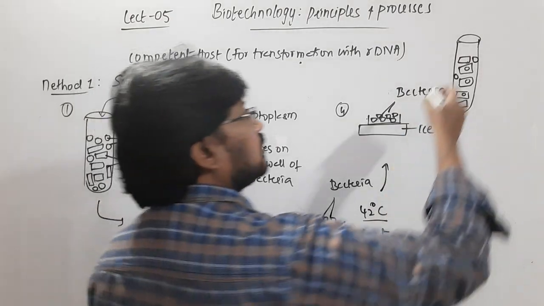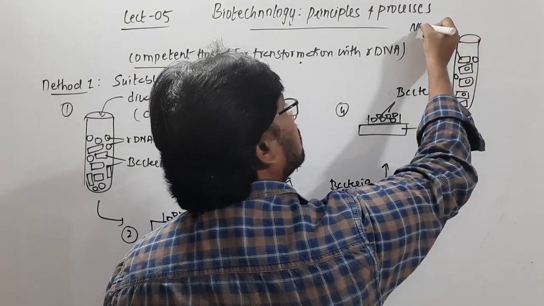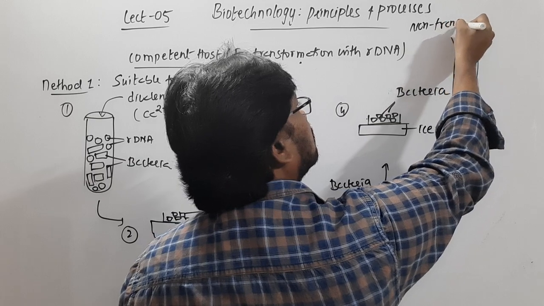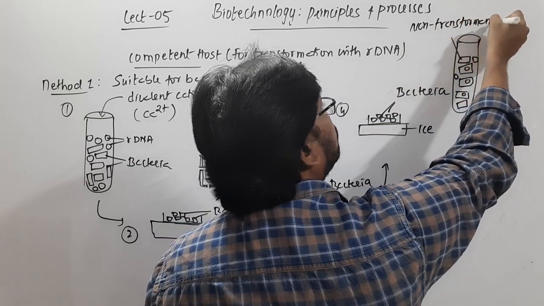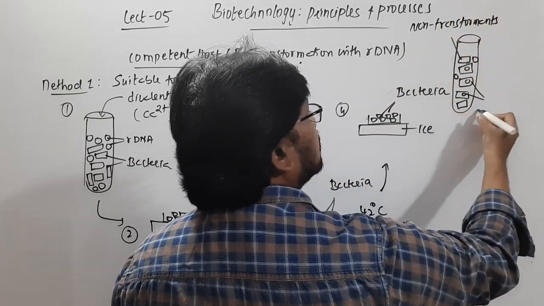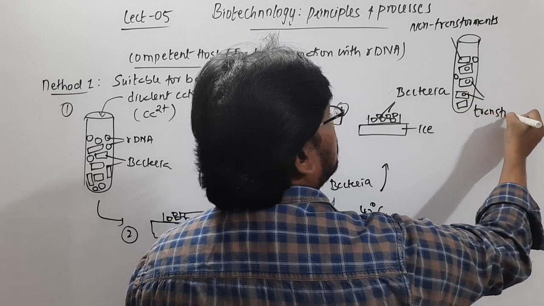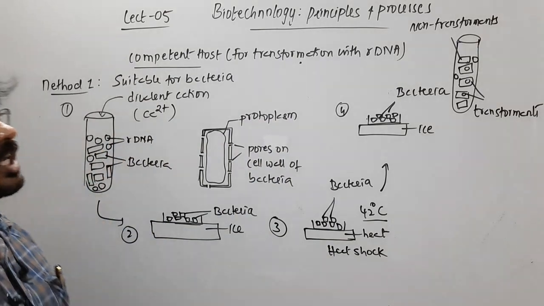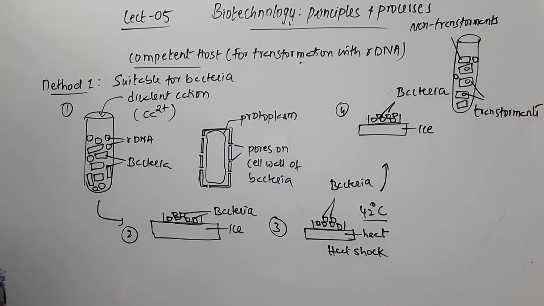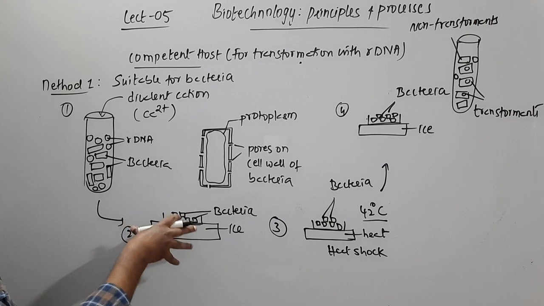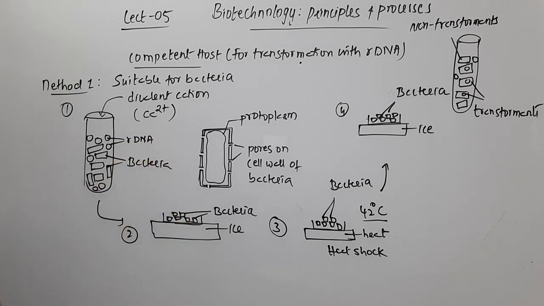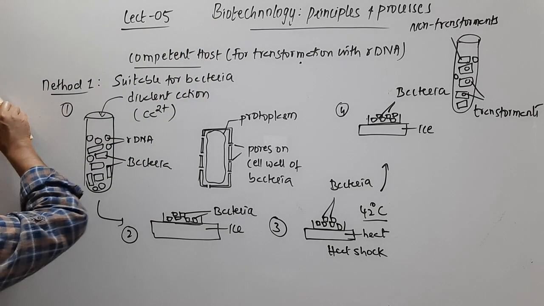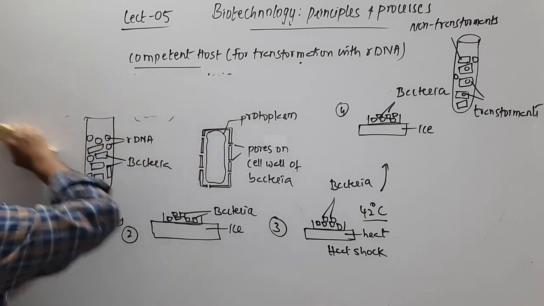They are the non-transformants, and these are the transformants. So transformants and non-transformants. This is a method that is especially suitable for bacteria. Now let's see the next method.